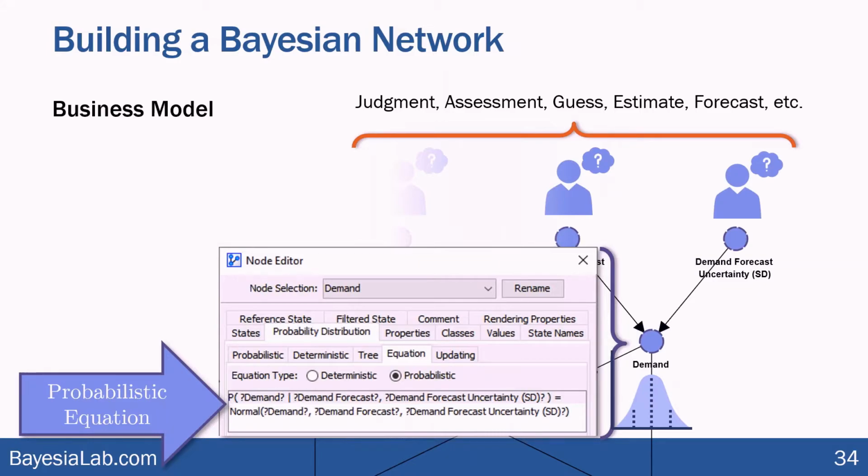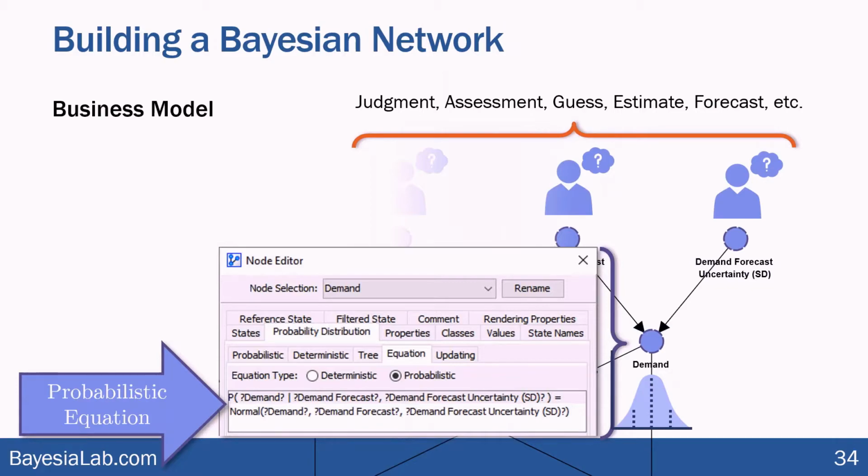But what's important again, in the background, BayesiaLab translates that into a conditional probability table. So we don't calculate with that distribution. As I said, and I will probably say it again, a Bayesian network is non-parametric. We can use this formula simply to populate the conditional probability table. And if we change the formula, we can repopulate it again, but it's the conditional probability table that's behind each node that produces the computations.